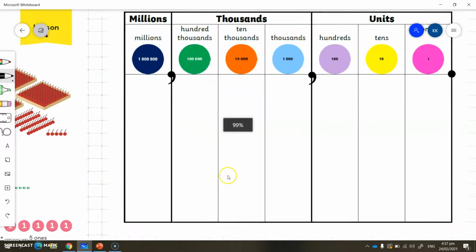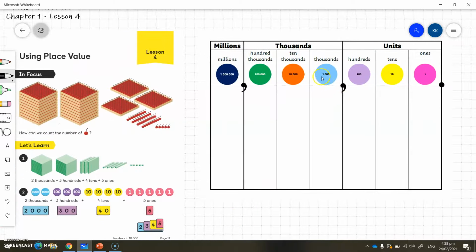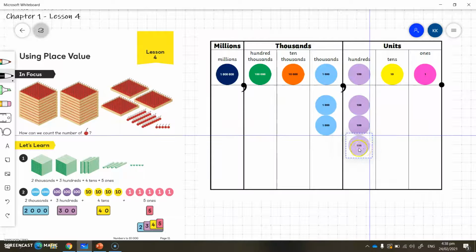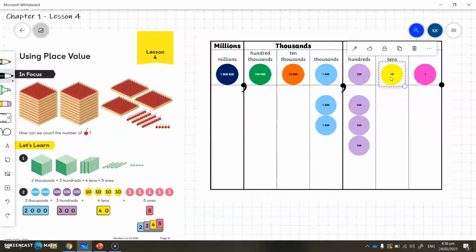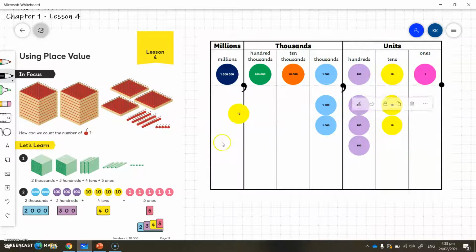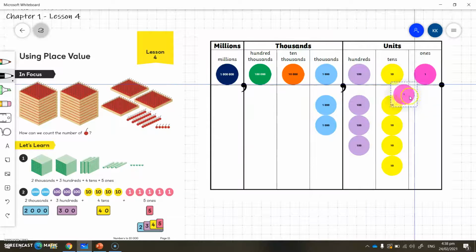I could demonstrate with my place value chart and my own discs to show 2 thousands, 3 hundreds, 4 tens, and 5 ones.